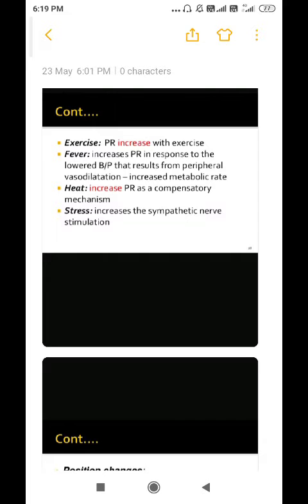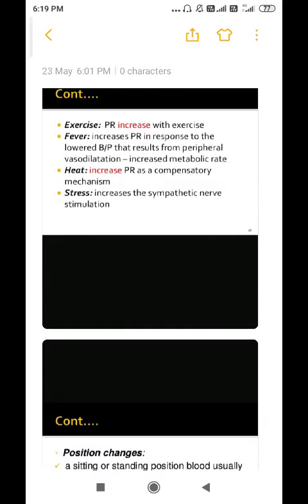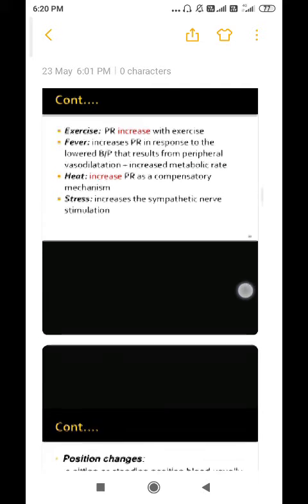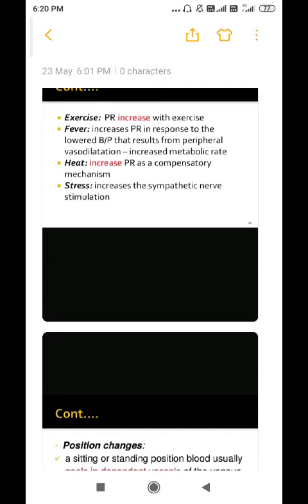Because blood pressure increases with exercise. Next, fever increases pulse rate in response to the lowered blood pressure that results from peripheral vasodilation and increased metabolic rate.